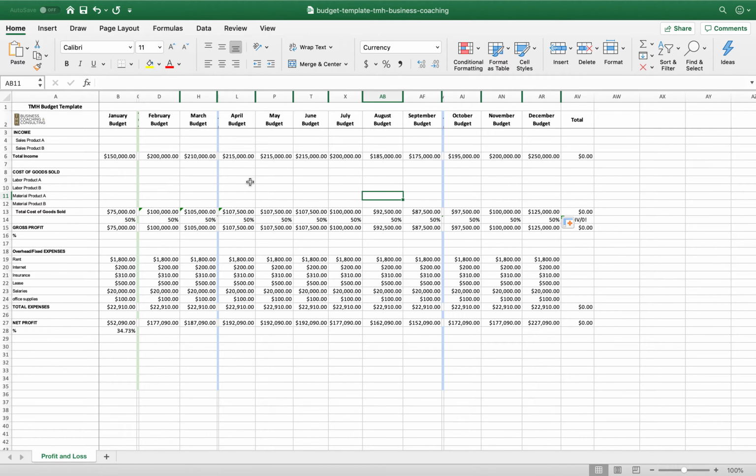Now you can see if we hit these sales goals every month and we have these COGS numbers and these gross profits. Oh, sorry, this is going to be 50% every time too. Gross profit divided by income.